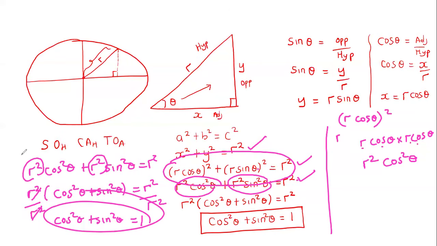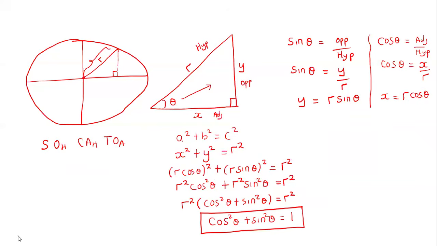Okay, now it is time to start proving the identities. So number 1, we are only going to be working with proving the trigonometric identities.